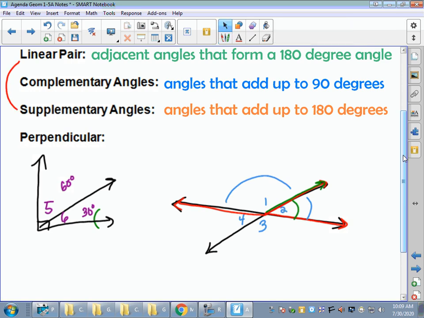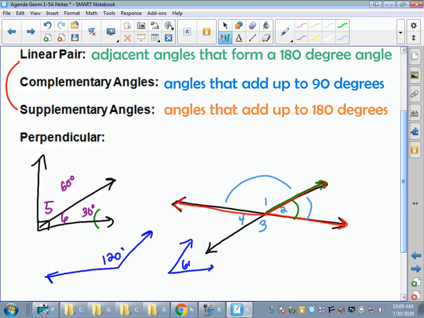They have to share a side and a vertex. Supplementary, they could be two separate angles. So it could be like this one over here is 120 degrees, and this one over here is 60 degrees. They add up to 180 degrees. They could touch each other, they might not.